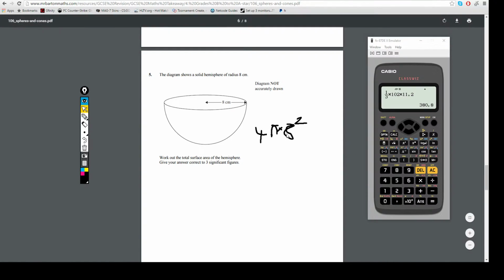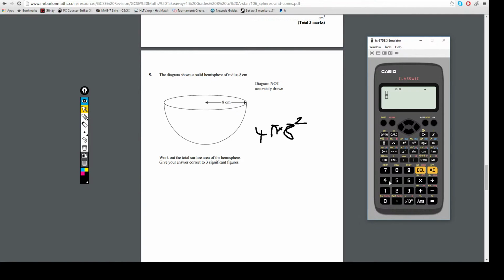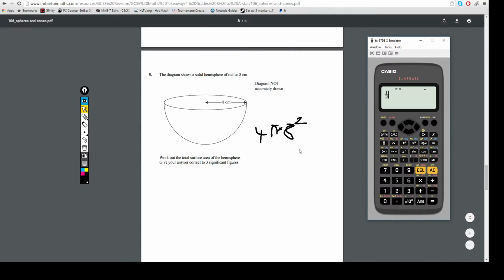We're going to do, oh, by the way, we're going to do half of this, because it's a hemisphere. Only because it's a hemisphere. If it's a full sphere, the equation is 4 pi times r squared. That is a full sphere. So that's what we're going to use because it's a hemisphere.